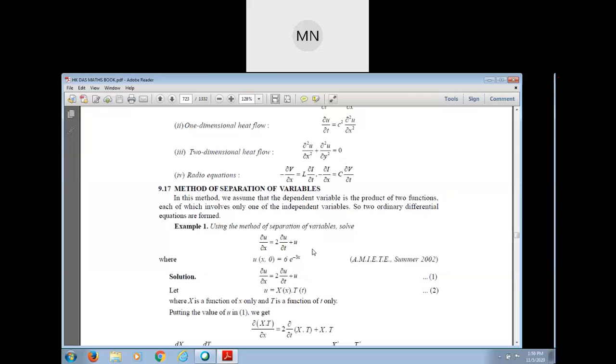In that class I told you that x and y are independent and z is dependent. In that case also we write p equals del z by del x.